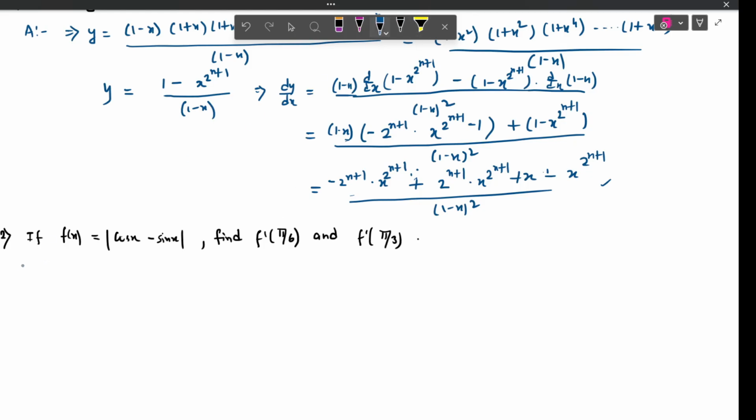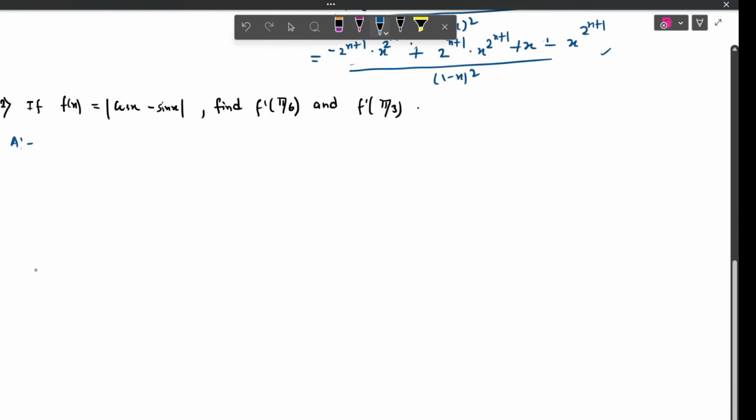So see the solution. Now see, first we have to break this mod. Right.